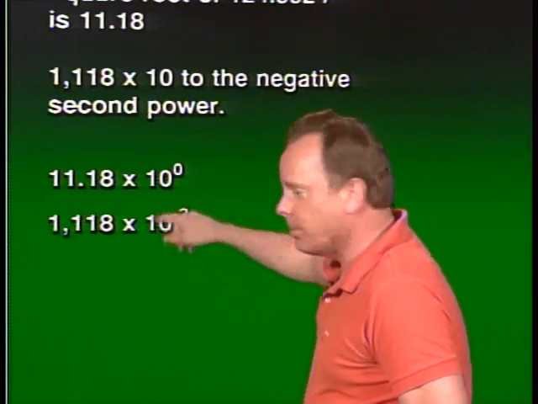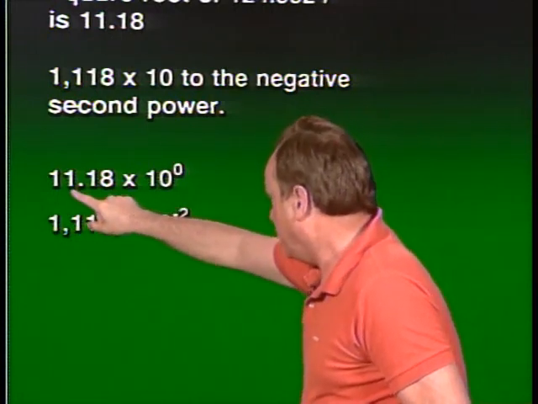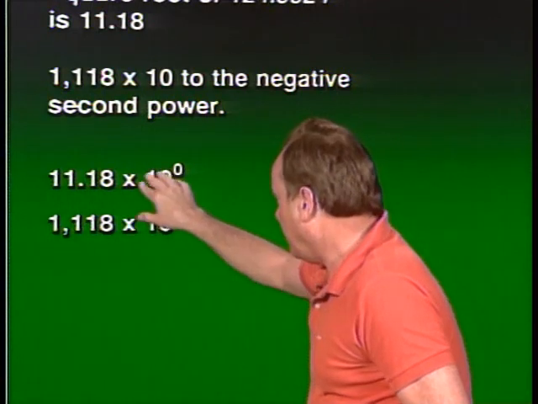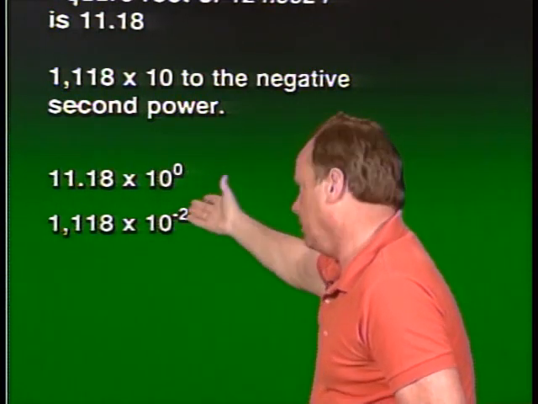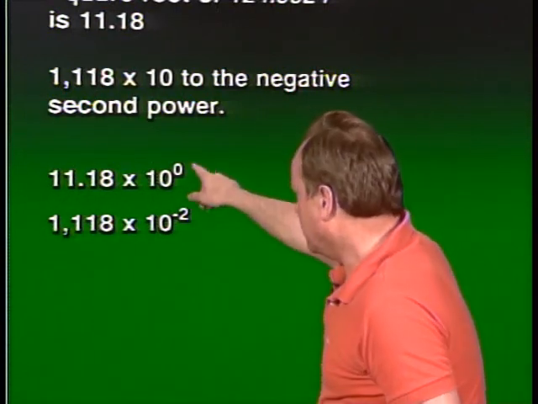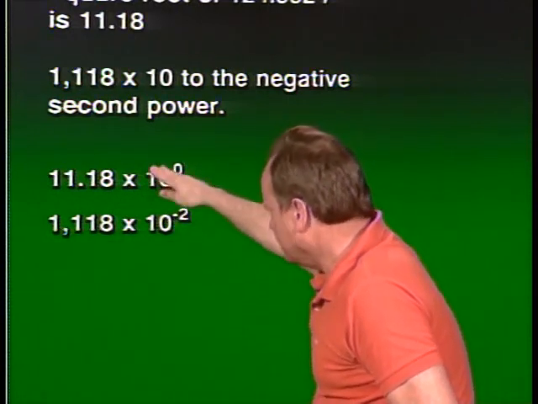11.18 times 10 to the 0 is what we start off with. Now, if you increase this by 100, multiply it by 100, you move the decimal point 2 places to the right. We do that. And you would also, if you do that, have to divide this by 100. All you do is lower, in a case of 10, the exponent by 2. So instead of 10 to the 0, it's 10 to the minus 2. And you can see that these two numbers are exactly the same.